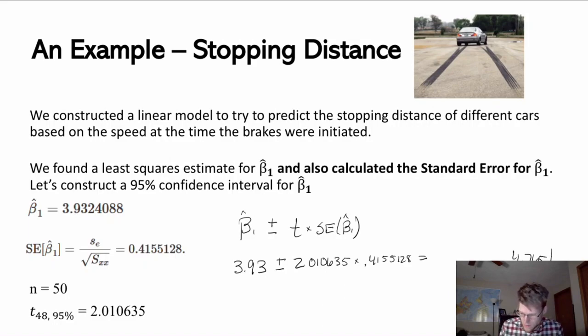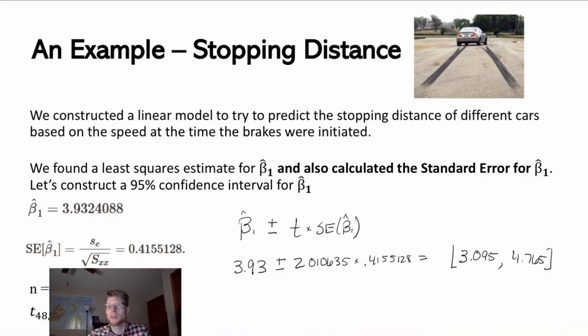My lower bound is going to be 3.93 minus the same amount, and I get 3.095 if I round. Okay, so notice that our sample statistic should be centered in this interval, right?